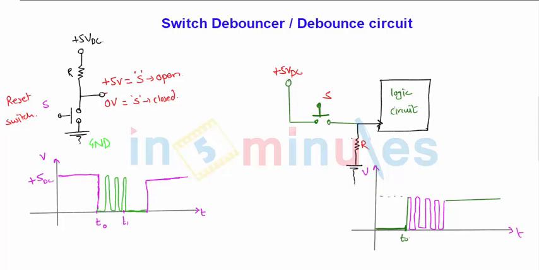So here we have logic 0 and logic 1 level, and the output or the trigger in this nanosecond period of time will continuously fluctuate. That is nothing but bouncing.